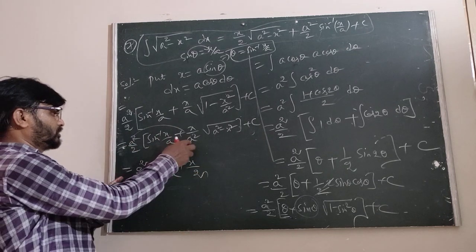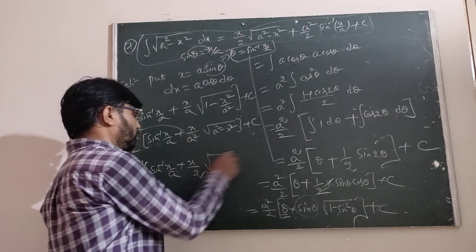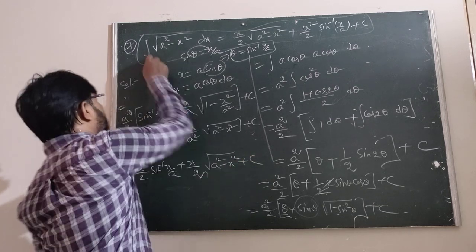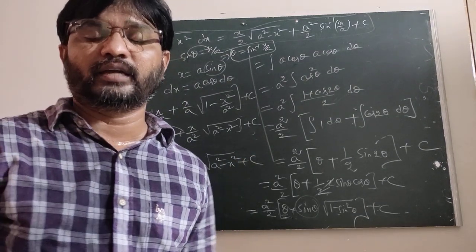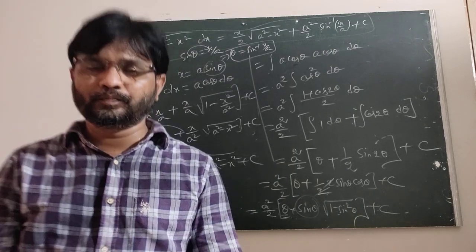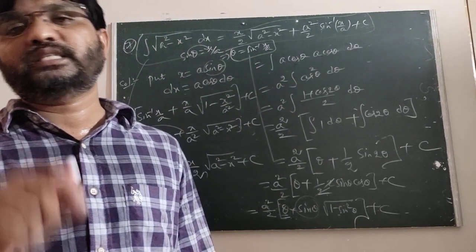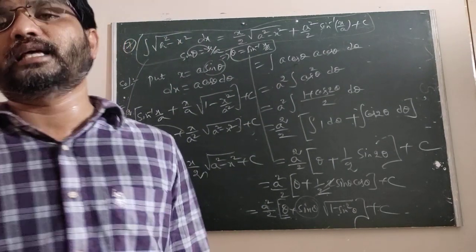The remaining is x by 2 under root a square minus x square plus c. This is the formula: x by 2 root over a square minus x square plus a square by 2 sine inverse of x by a plus c.